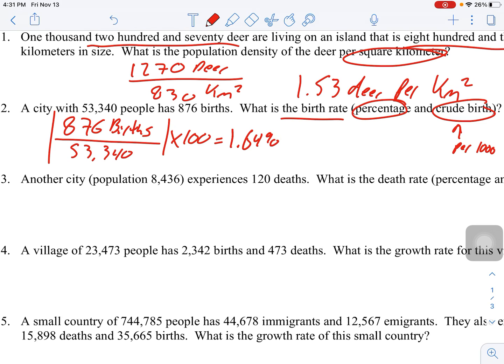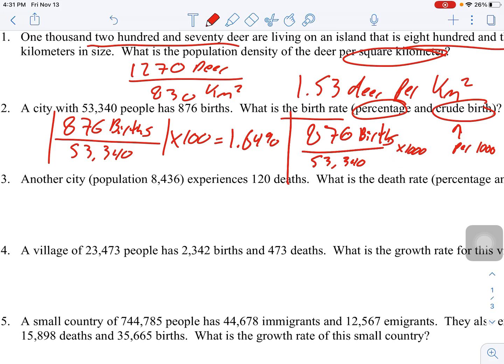Now how do we get our birth rate into crude birth rate, or per 1,000? We're going to do basically the same thing, except now instead of multiplying by 100 to get a percent, we're going to multiply it by 1,000. See, there's the 1,000.